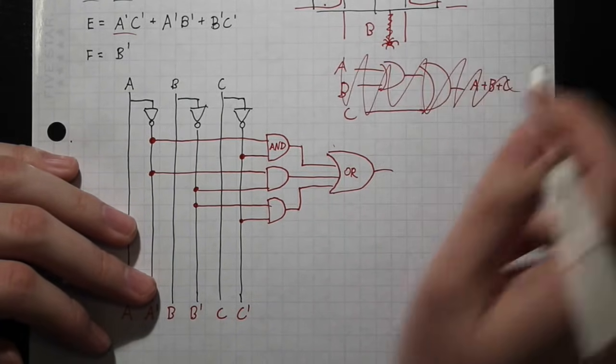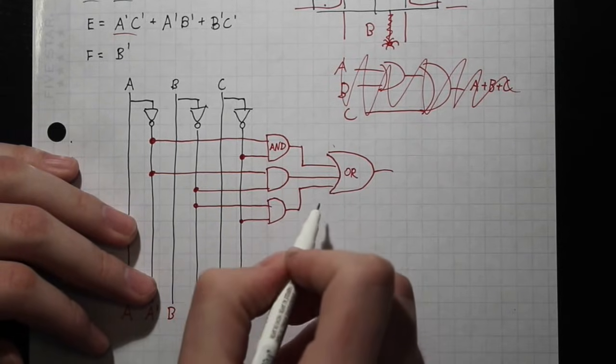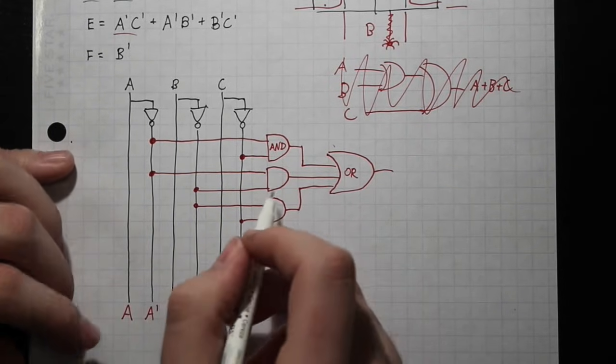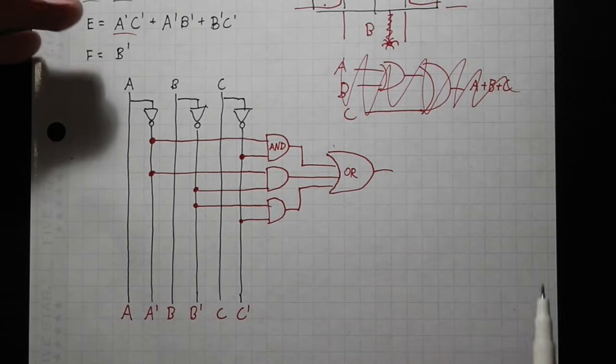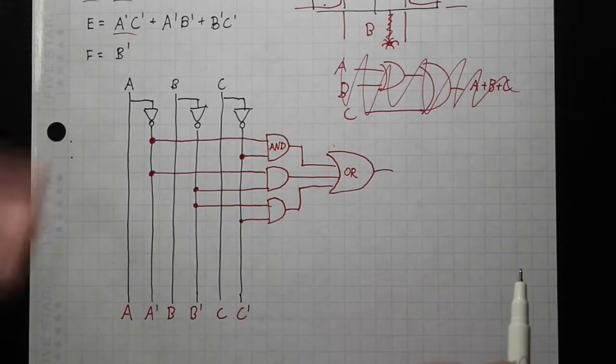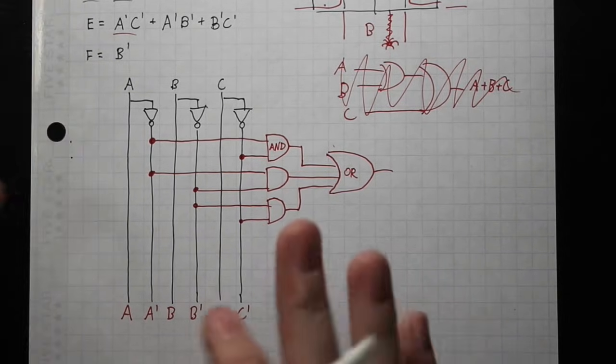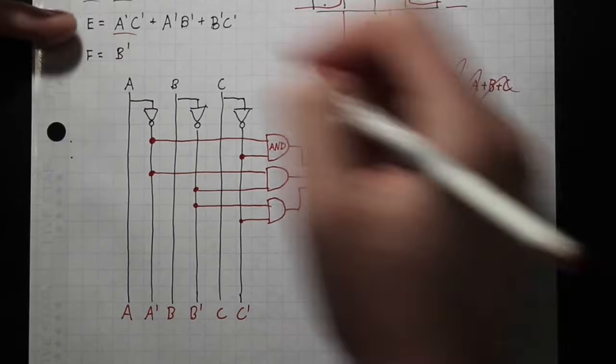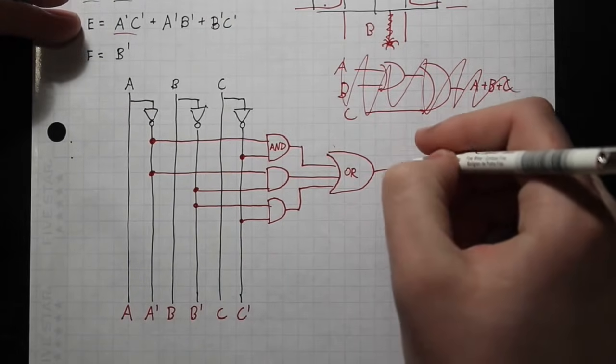But anyway, that's too much detail. You can draw as many fan-ins to your OR gates as you want. On homework 3, I know for a fact that you're going to have an OR gate that has many fan-ins, so just don't worry about it. And we're done with E, so that's awesome.